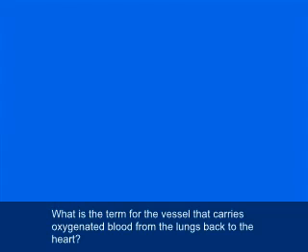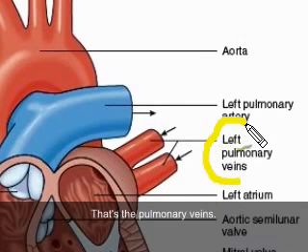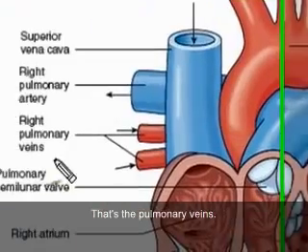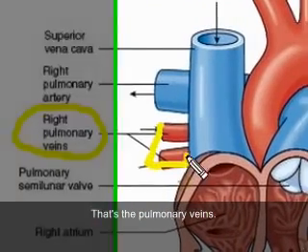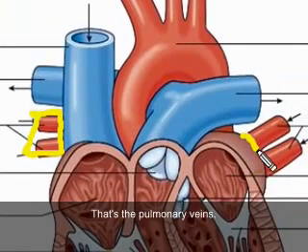And what is the term for the vessel that carries oxygenated blood from the lungs back to the heart? That's the pulmonary veins.